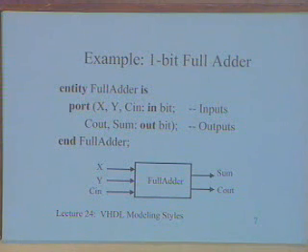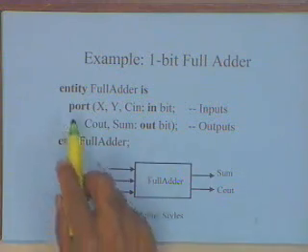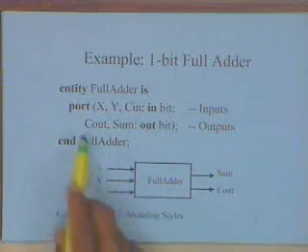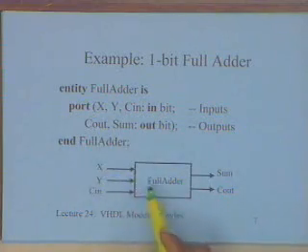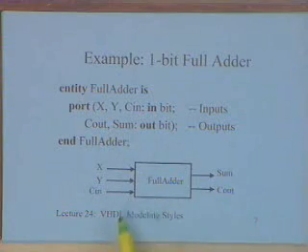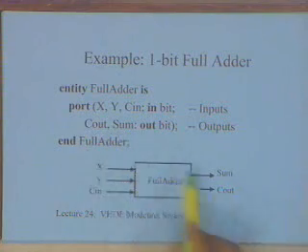So as I said before, any component you have to think of as an entity and an architecture. Entity defines the interface. We already saw that for the AND gate in the last class. In this case, we are showing a 1-bit full adder, and I am defining its interface. What I have shown in bold are the keywords. So entity full adder is, and you define the ports. There are 3 input ports X, Y, C in, and 2 output ports C out and sum.